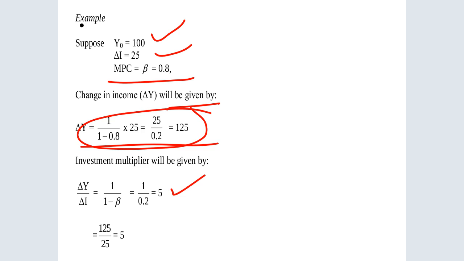So our multiplier is simply 5. Change in income over change in investment, 125 over 25, you'll get 5. So this is our investment multiplier.